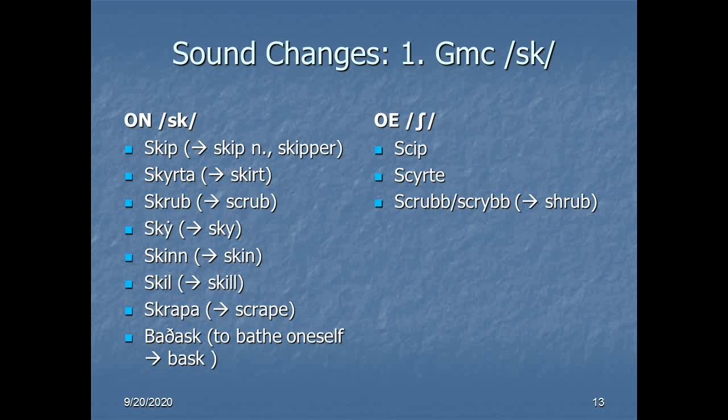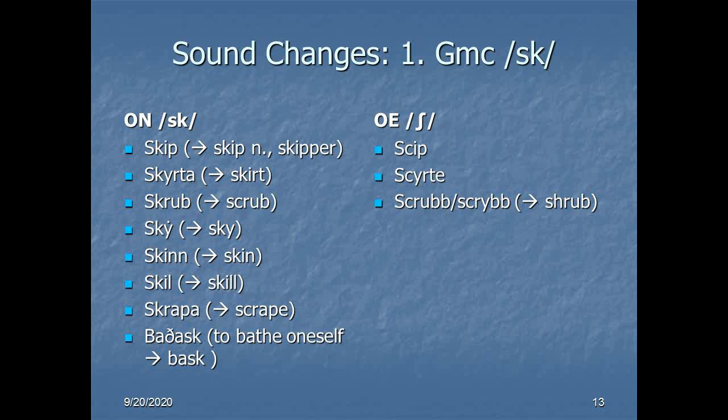Or if we take a look at the Old Norse skirta, this is where we get the modern English word skirt, but it is cognate, that is, it has the same Proto-Germanic root as the Old English word skjorta, which is where we get our word shirt. So skirt and shirt come from the same word.